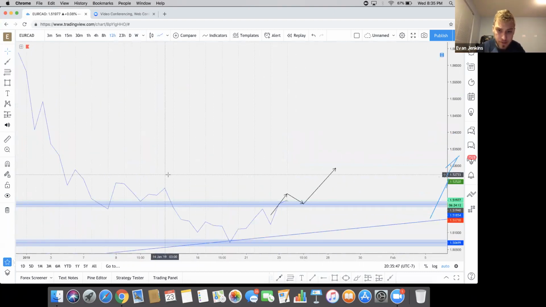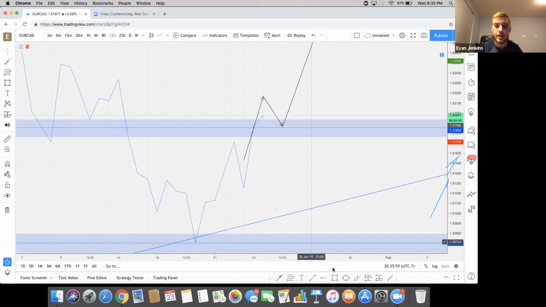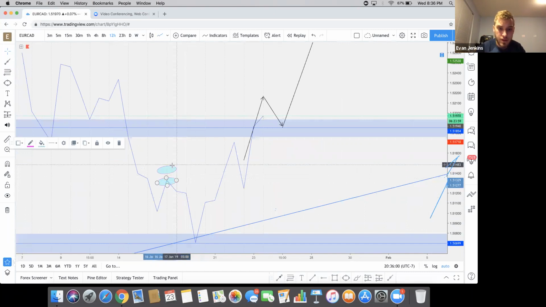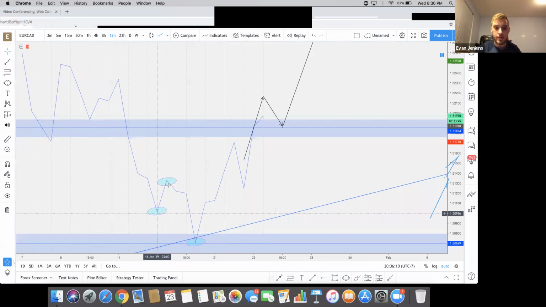So if you guys go back over market structure, this lower high right here has been broken, and this lower low. So this is what I'm looking at. So we have this lower low, this lower high.